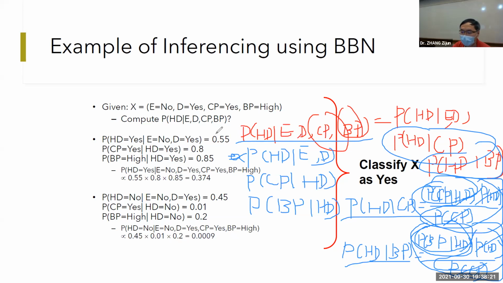From the table, we can find this one is 0.55, this is 1.8, and this one is 0.85. So we get the multiplication 0.374. And for this one, it's 0.0009. Then the first probability 0.374 is higher than 0.0009.